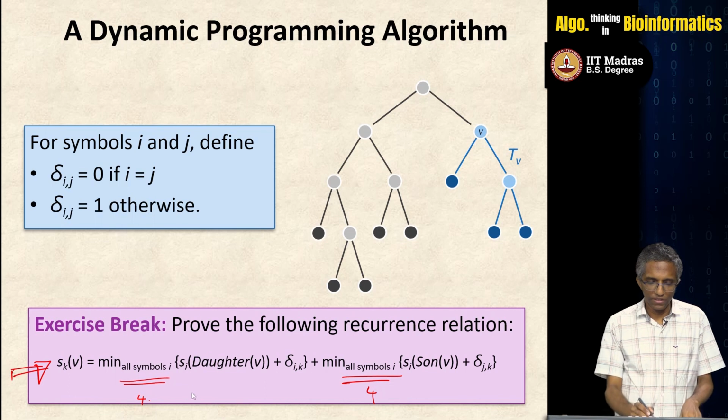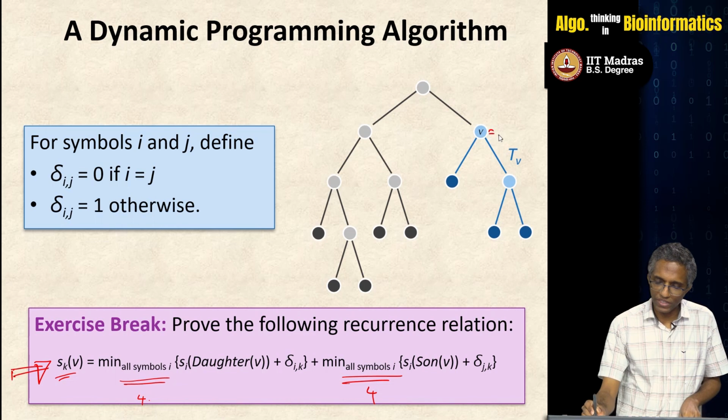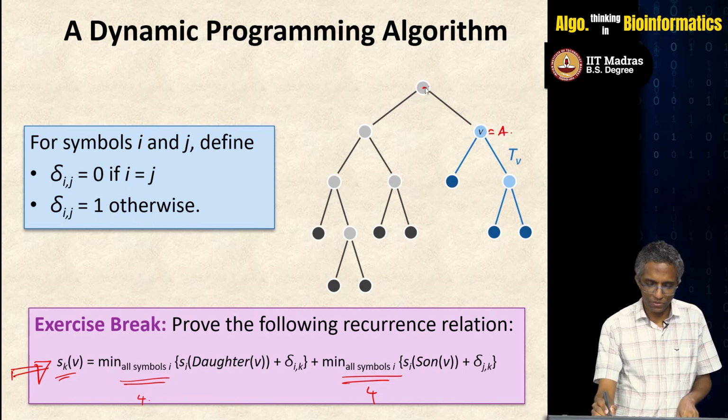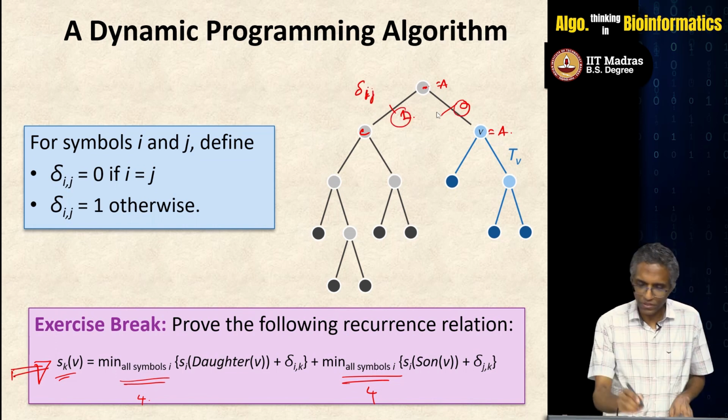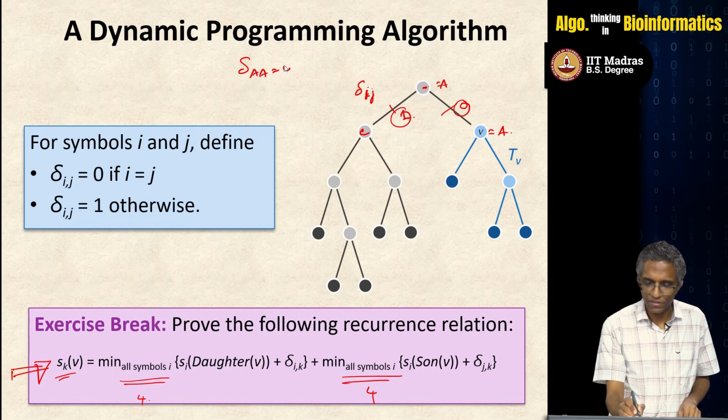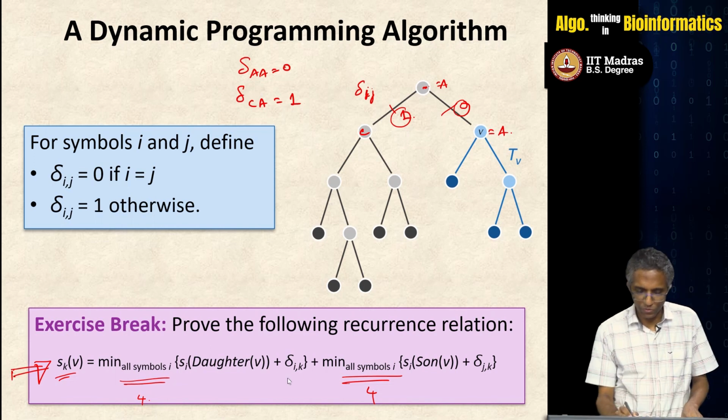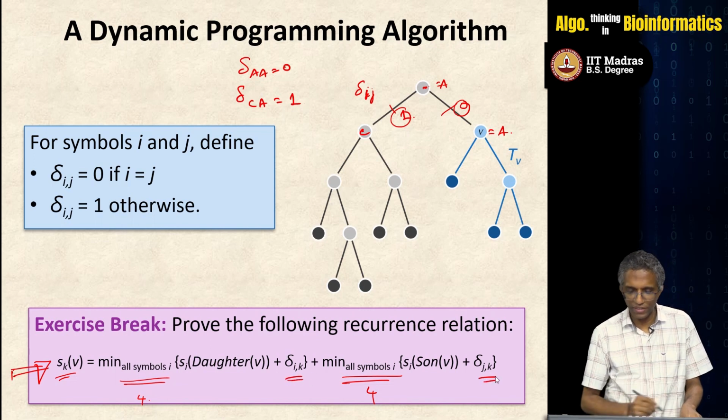So, you look at Sk of V, which is going to be the best of, if this V is A and then you want to set your root here to be A, then there is no change here, the cost is 0, but if this is C and this is A, then the cost is 1. So, that is why you have this delta i j is going to be 1 here and 0 here, right. So, delta A A is 0, delta C A is 1. Okay. That is why you have this delta i k here and delta j k here.